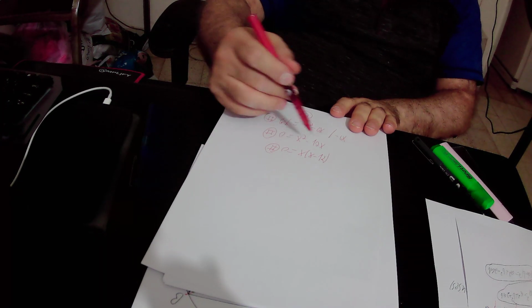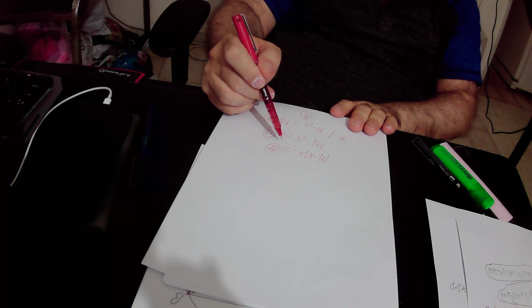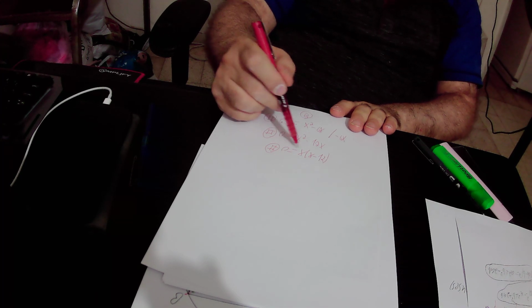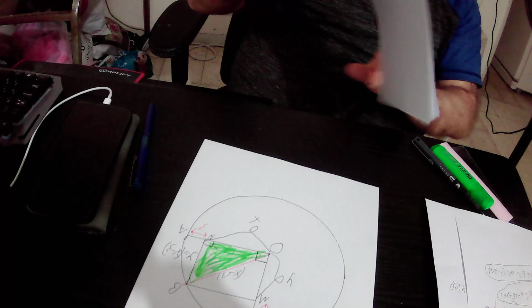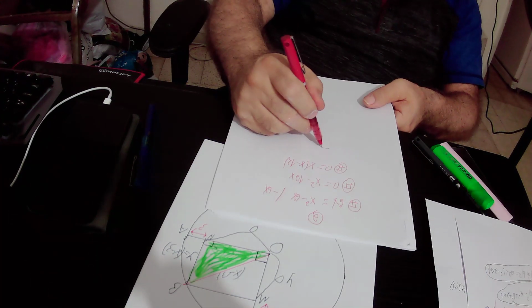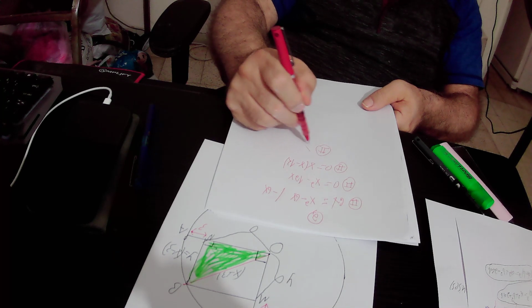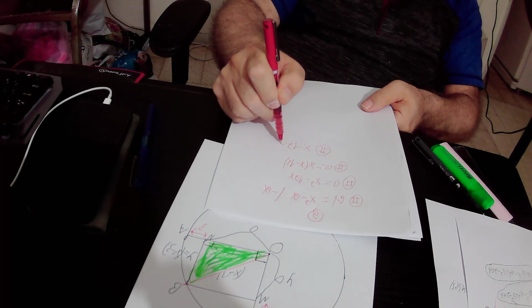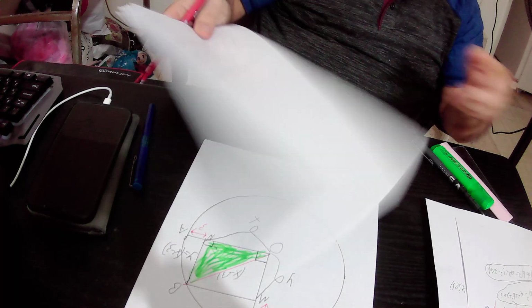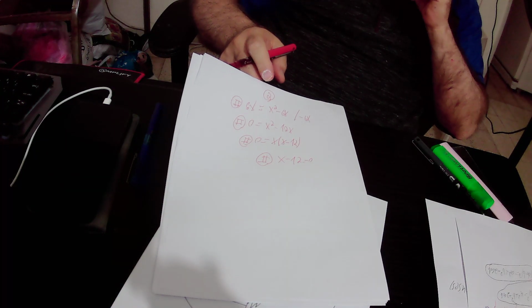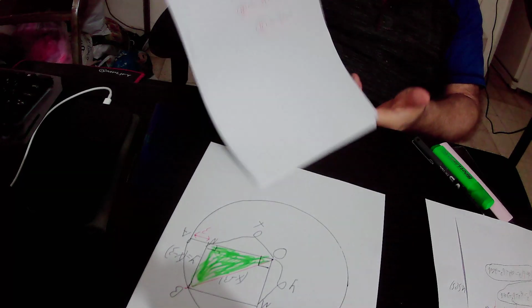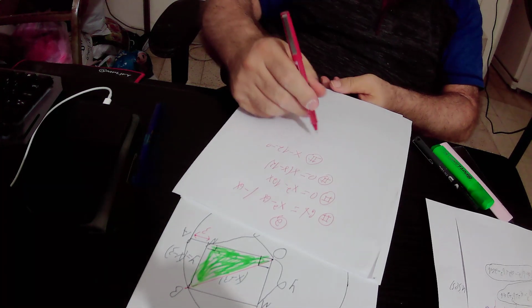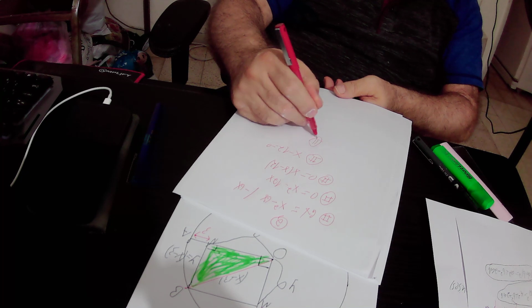The other solution is x minus 12 equals 0. So if x minus 12 equals 0, then x equals 12 units.